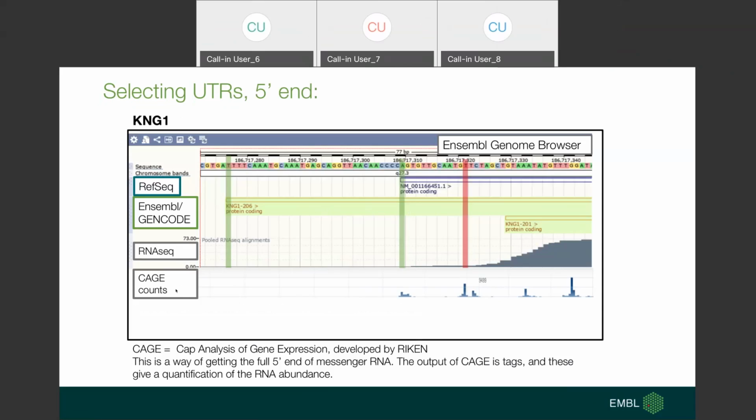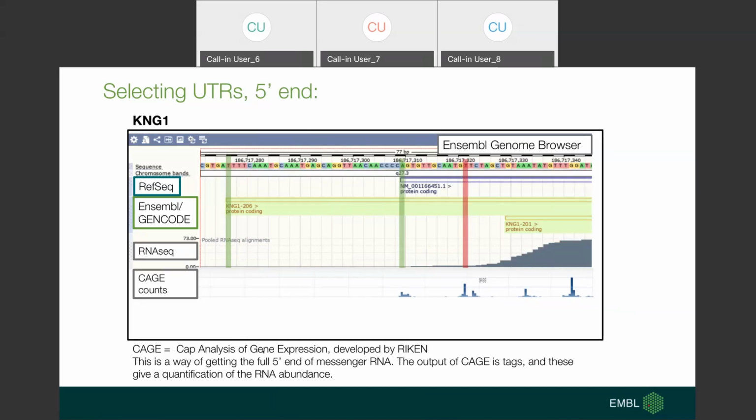And CAGE, for those of you who are not familiar, stands for CAP analysis of gene expression, and this was developed in Japan. And essentially, it's a way of quantifying the abundance of an RNA with a particular start site.